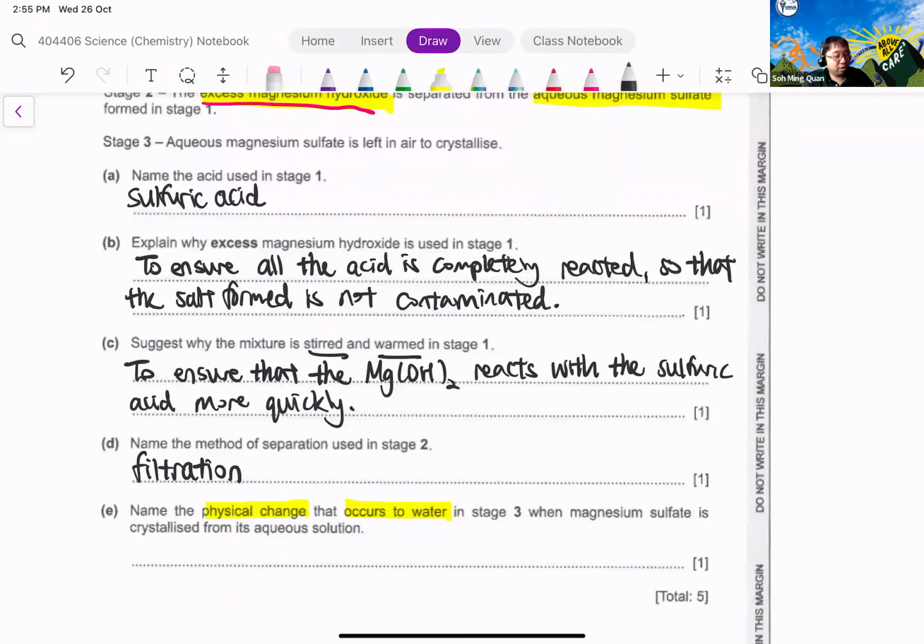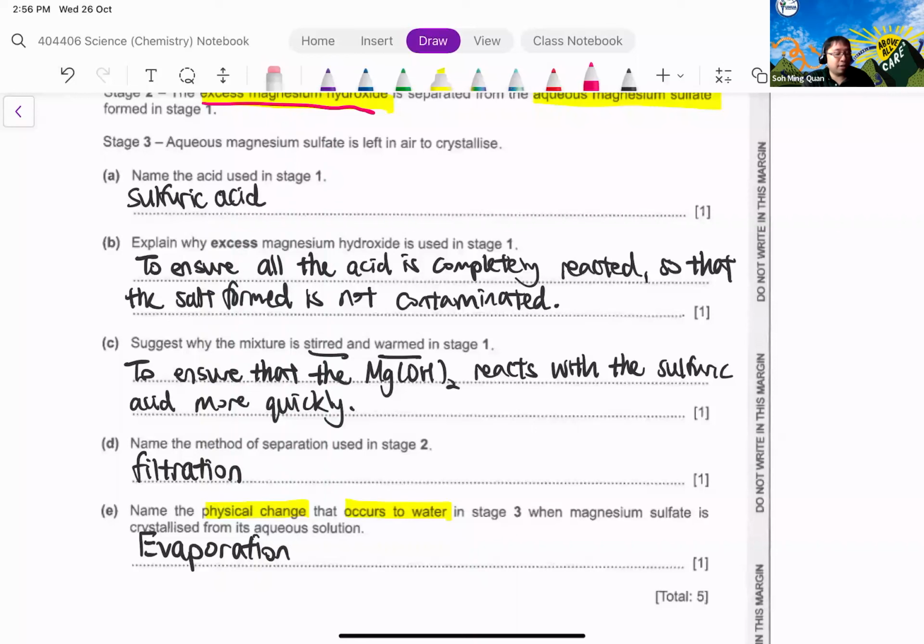The water evaporates, right? When you leave the solution out in air, the water will evaporate away, and that leaves behind the crystals of magnesium sulfate. Same when you are heating a solution until it's saturated, what you are doing is evaporating the water away. So the physical change is evaporation.